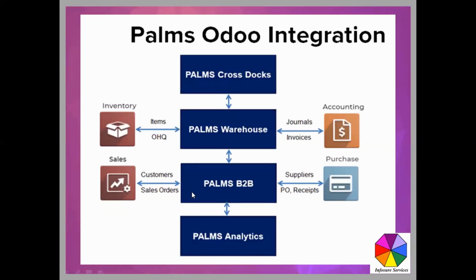The orders coming from the other system also get into the ERP. The site purchase, the suppliers: orders taken from there are entered here, and when they receive, that's recorded back. So this is an integration. Palms Analytics is connected to this.